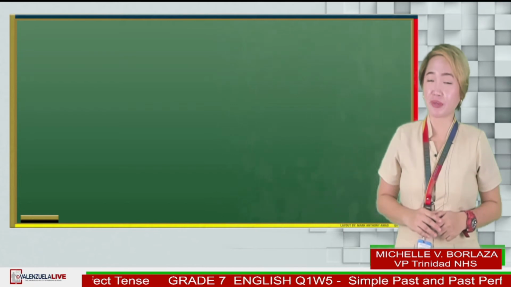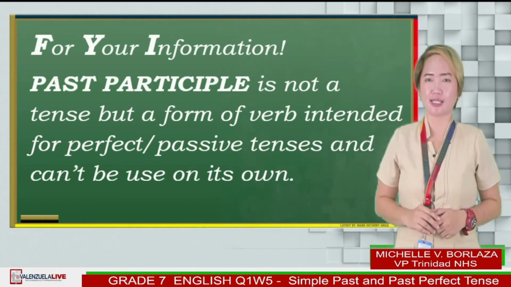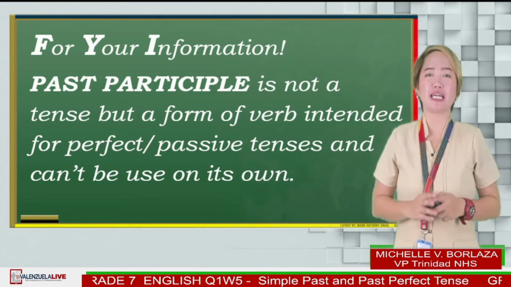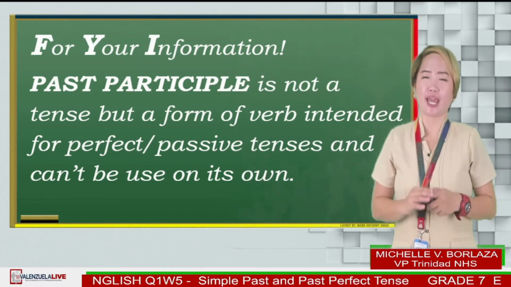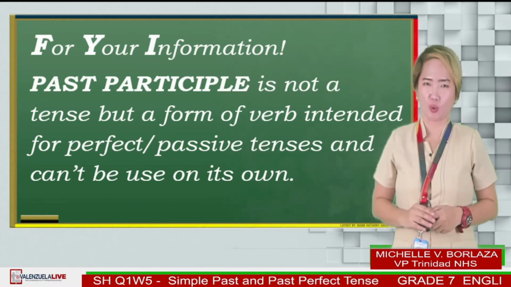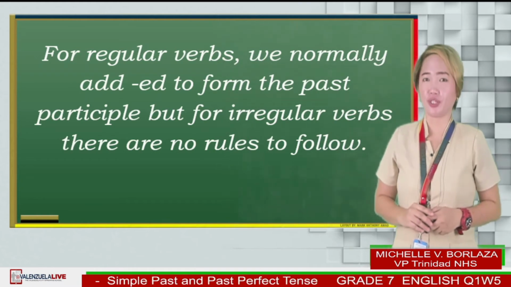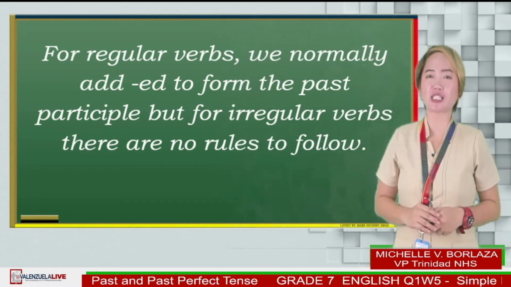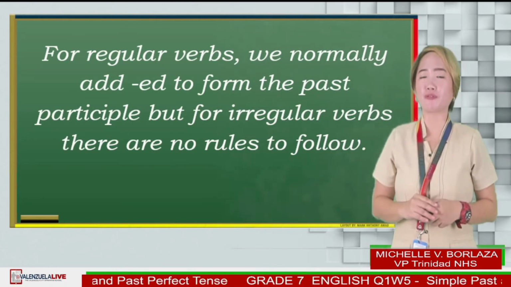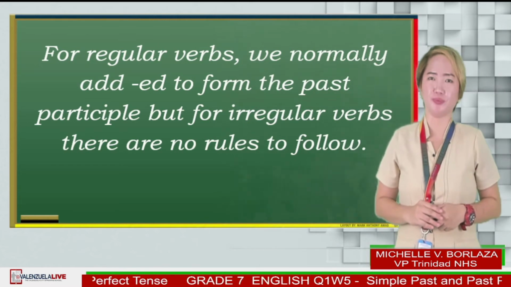For your information, past participle is not a tense, but a form of verb intended for perfect or passive tenses and can't be used on its own. For regular verbs, we normally add ed to form the past participle, but for irregular verbs, there are no rules to follow.